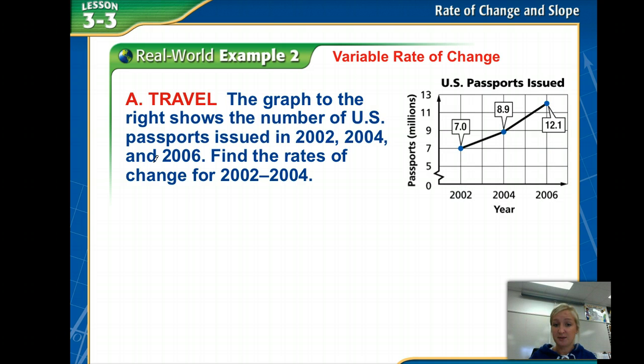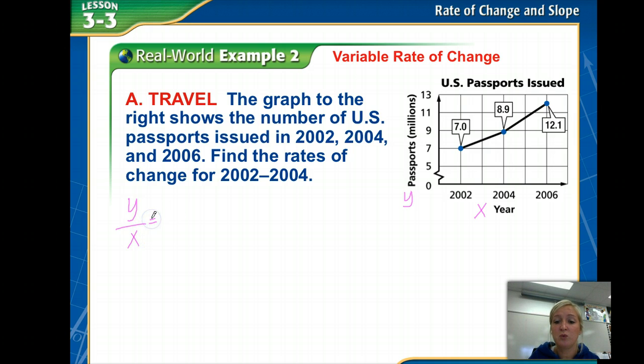Variable rate of change. Sometimes we look at graphs and we want to know what the rate of change is between a very specific part of your graph. In this case, they want us to find the rate of change for 2002 to 2004. Well, x is my years, and the number of passports, in millions, is my y values.